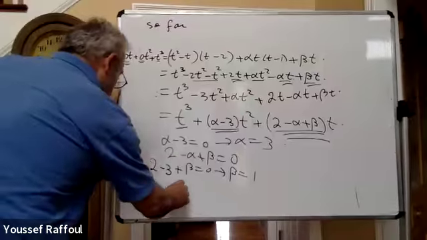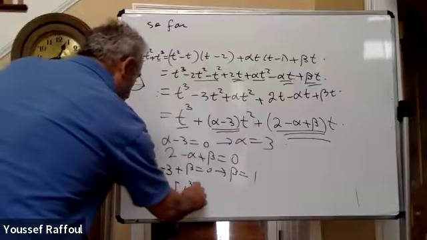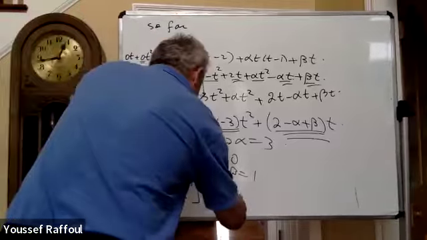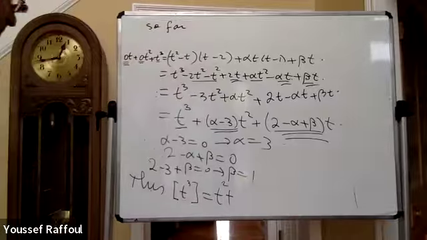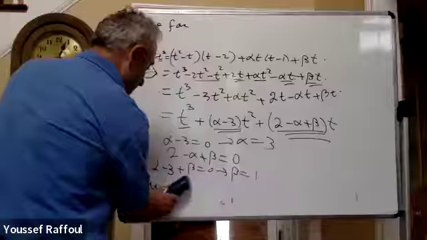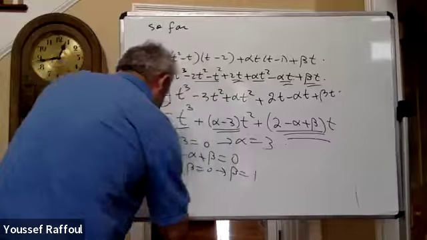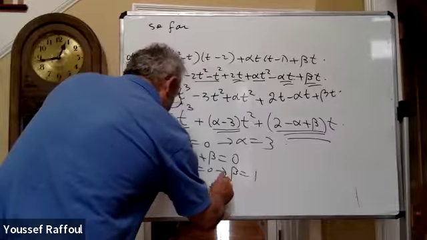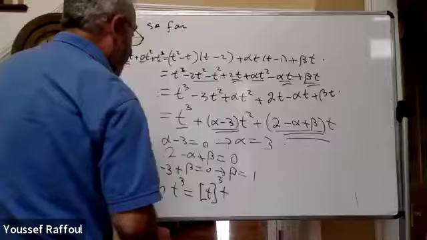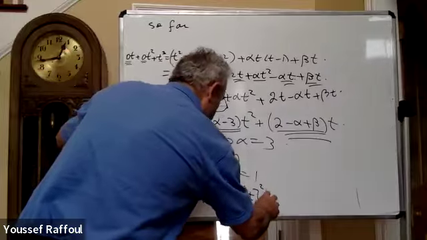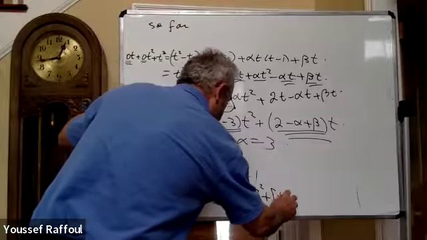Thus, t cubed is t cubed plus alpha t, 3t squared plus t.